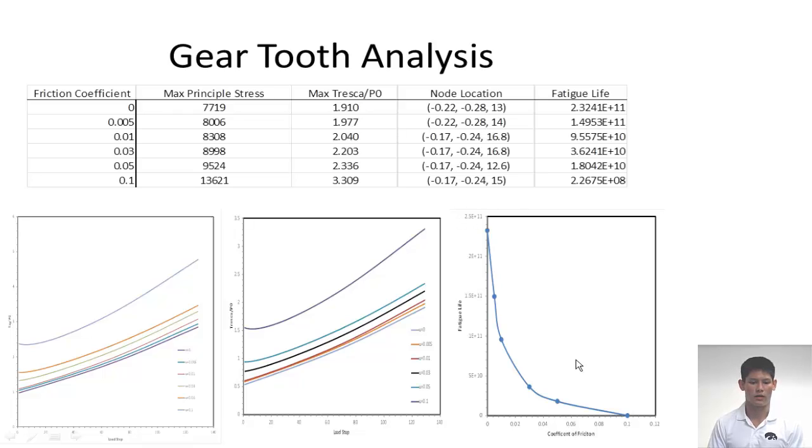And right here you can see, as the friction coefficients are different, the trends stay the same, but our node is receiving more stress as you increase the friction coefficient. This is the shear and this is the Tresca. And then our fatigue life here shows that as we increase the friction coefficient, our fatigue life is decreasing incredibly.